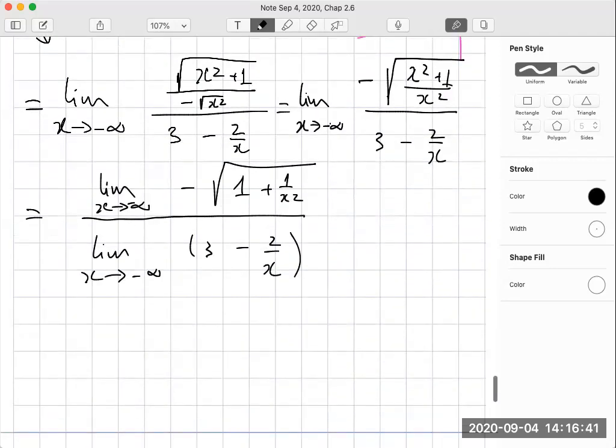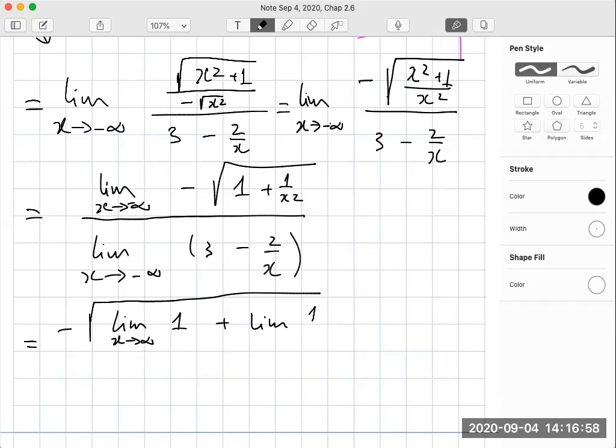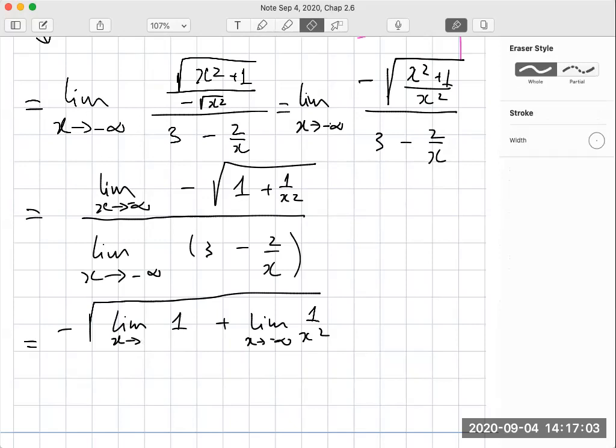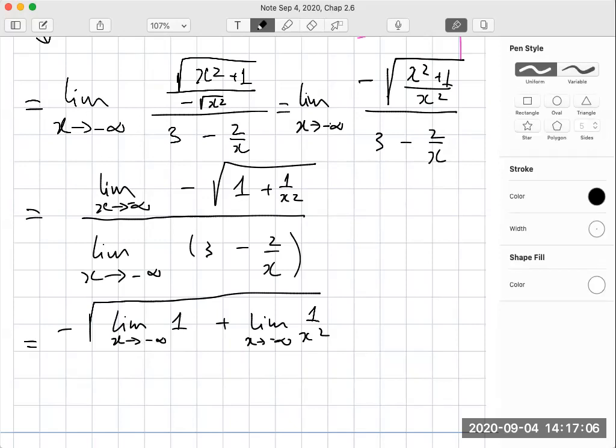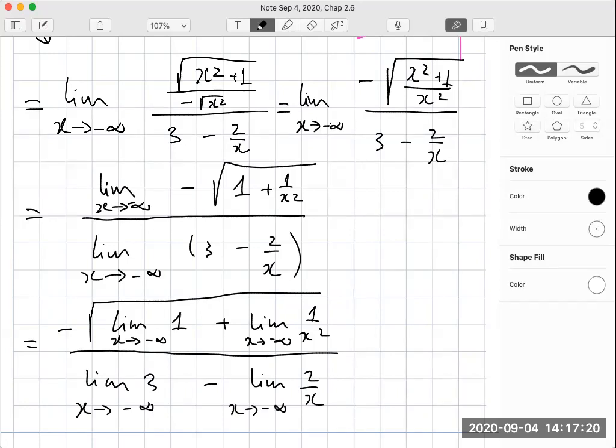And with a similar argument, we know that this limit will converge to the square root of the limit when x goes to negative infinity of 1 plus the limit of 1 over x squared when x approaches negative infinity, divided by the limit of 3 when x approaches negative infinity minus the limit of 2 over x when x approaches negative infinity.